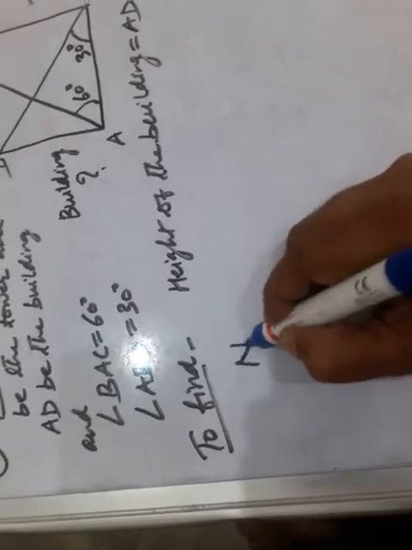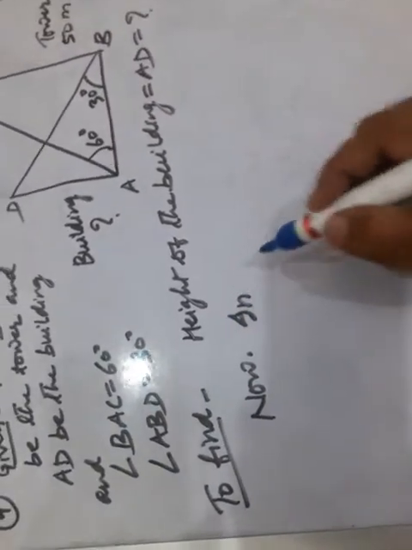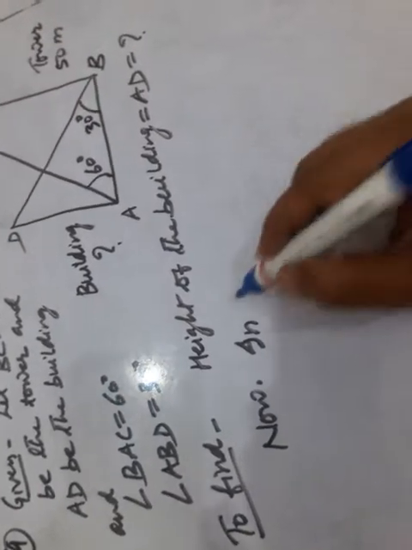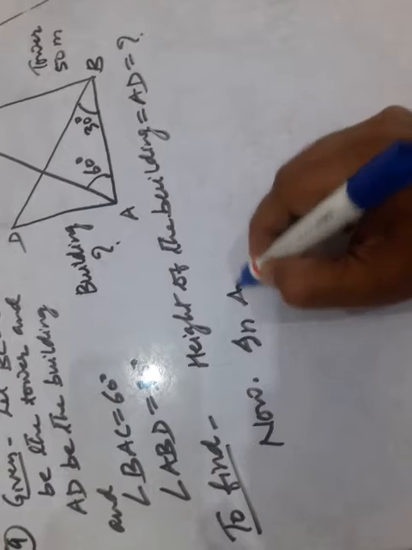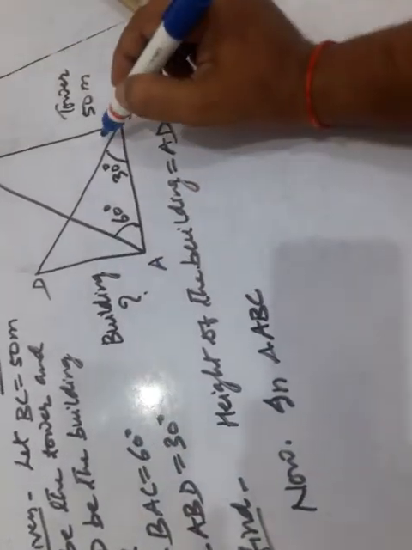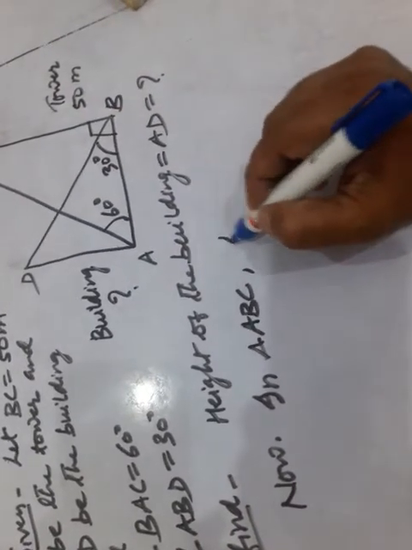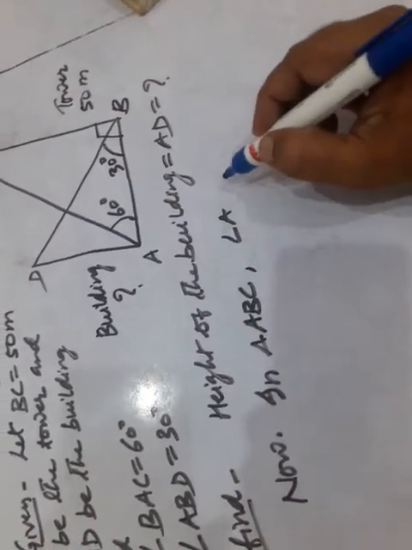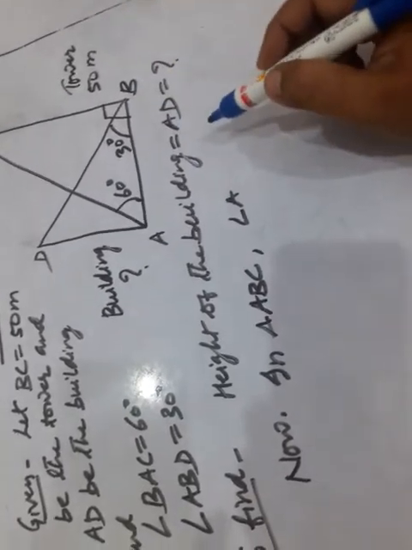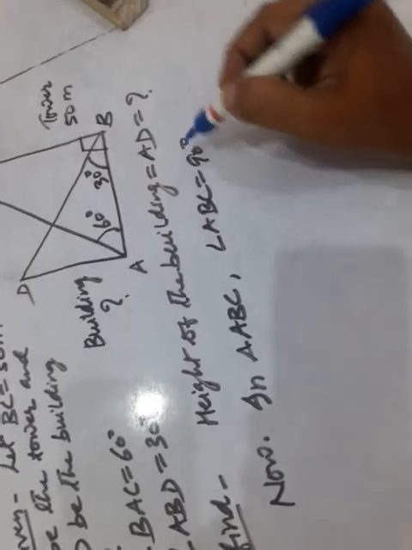Now in triangle ABC, this angle is 90 degrees. That is, in triangle ABC, angle ABC equal to 90 degrees, right?